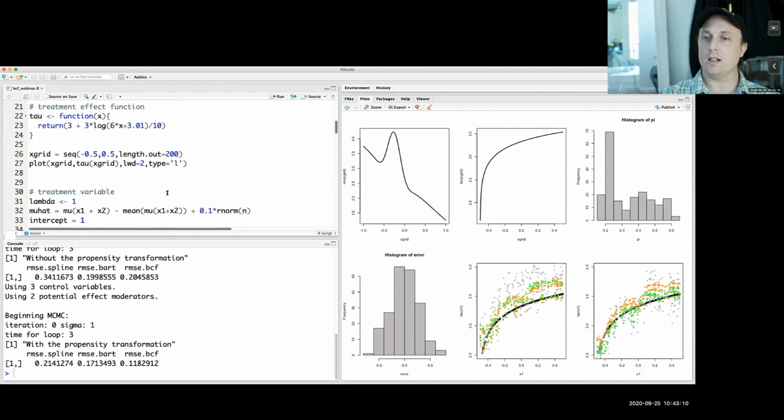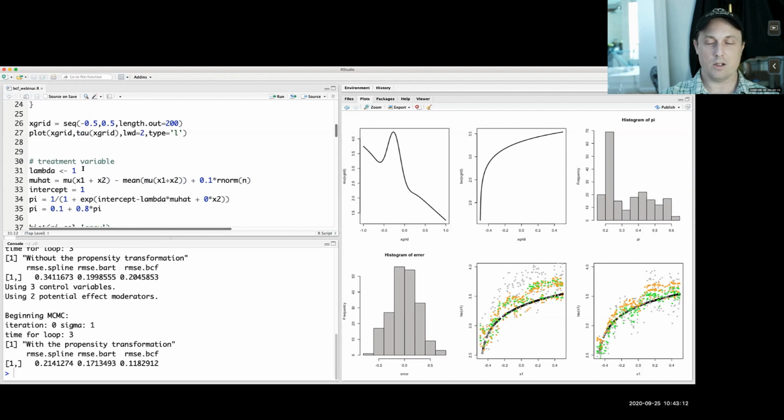On the other hand, I can modify the strength of confounding by taking this slope parameter in my logistic confounding model. So what's my confounding model? I take the true function mu, I center it, I add a little bit of noise. So this is the doctor trying to guess at the potential outcome under no treatment.